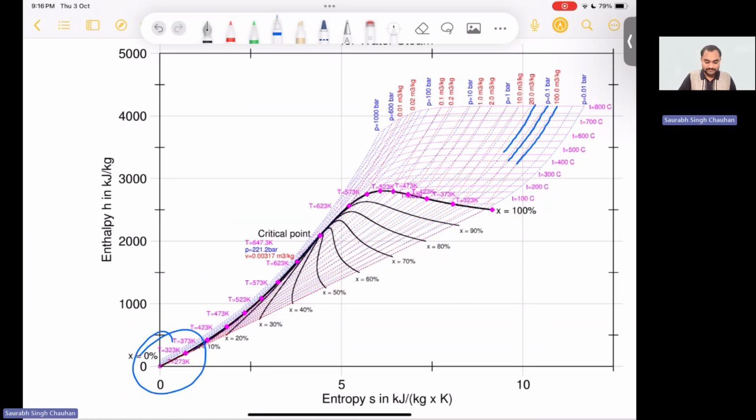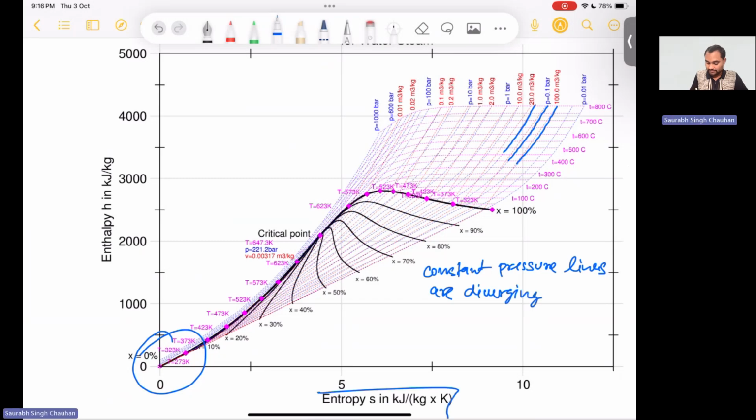So in this diagram it is more clear. Constant pressure lines diverge. The Mollier diagram is basically an HS diagram, right?